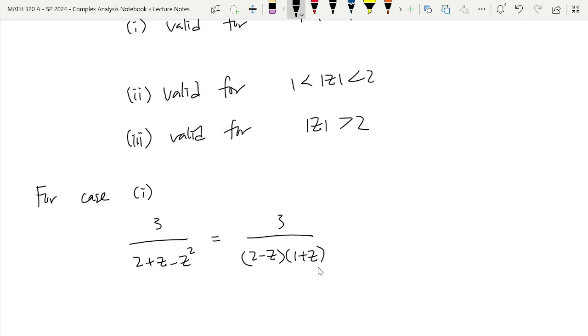Okay. How to multiply? What are we going to do? So we have a product here. You have 1 over 1 plus z, and then we put it on the other side.